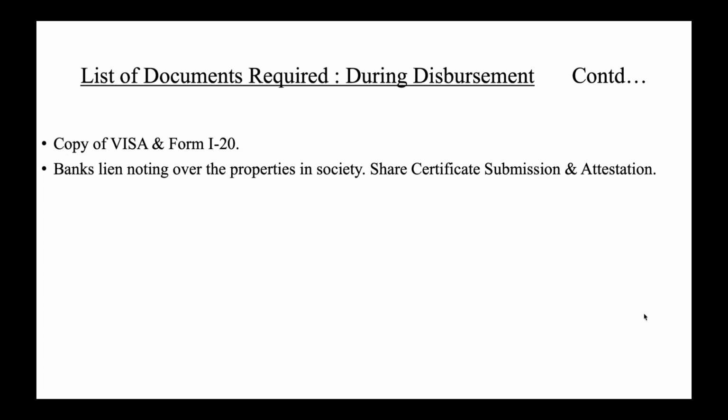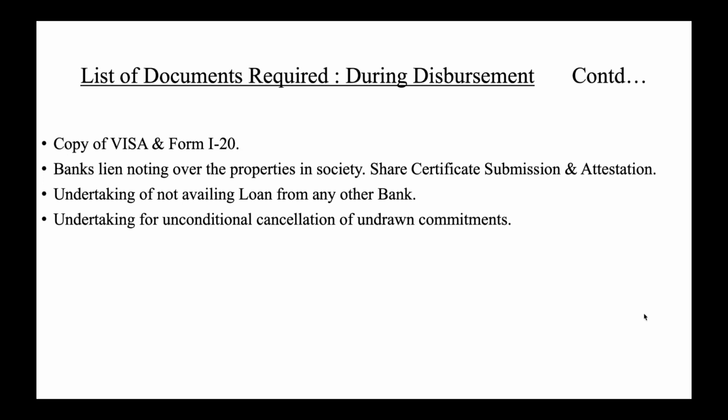In that particular share certificate, the bank lien has to come in, and the bank has to put in a lien stating that the bank is currently the owner of the property. This is required, and this will be done by your society. A very simplistic undertaking is that you have not taken any loan from any other bank on the same property. I think that's pretty much a no-brainer.